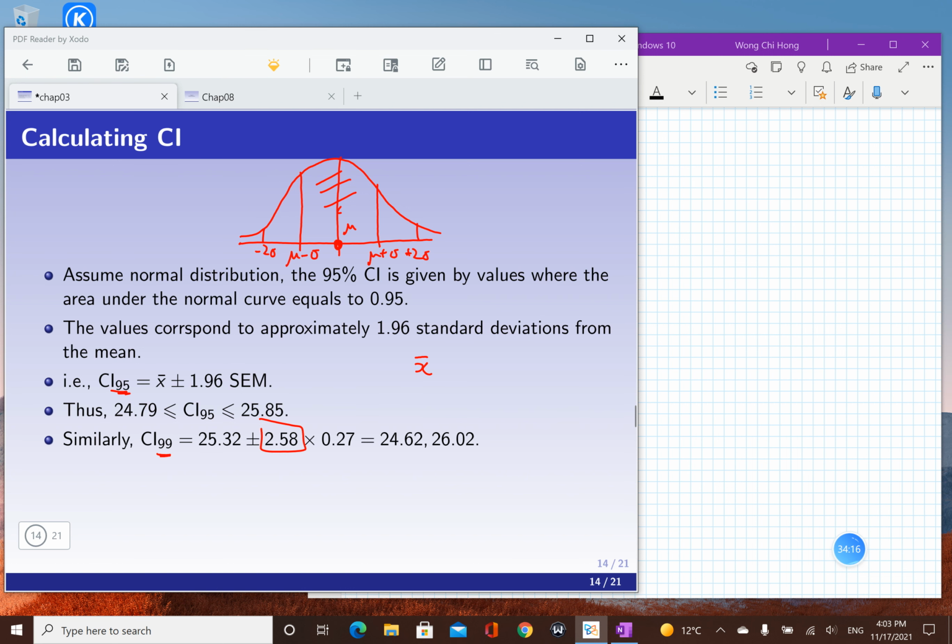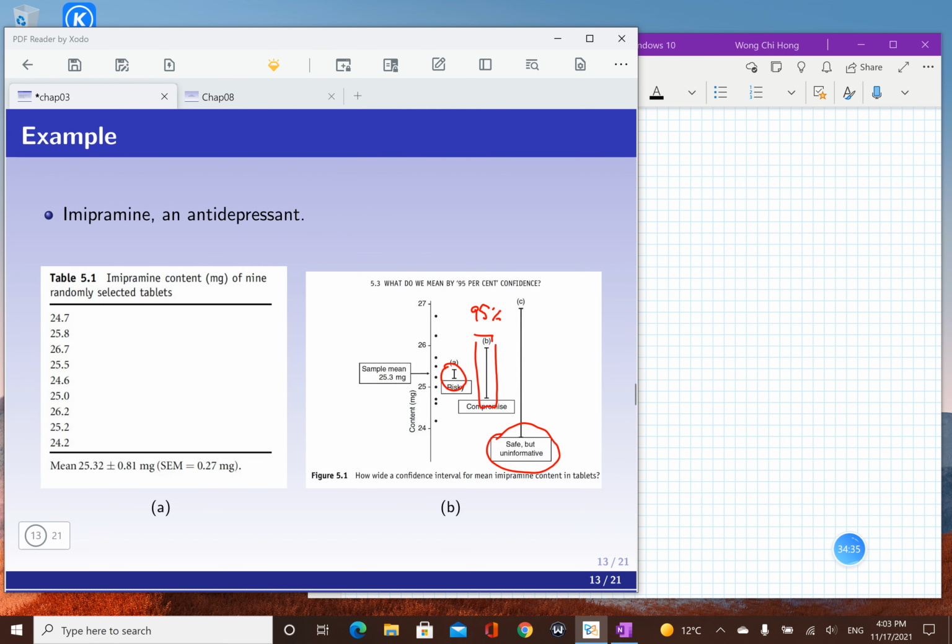That is when you don't have much idea about what sort of values your true mean value should be. Then you do a confidence interval. But of course, there's nothing wrong with the hypothesis test like before. So if you are testing the content of this tablet, you just check out the box.